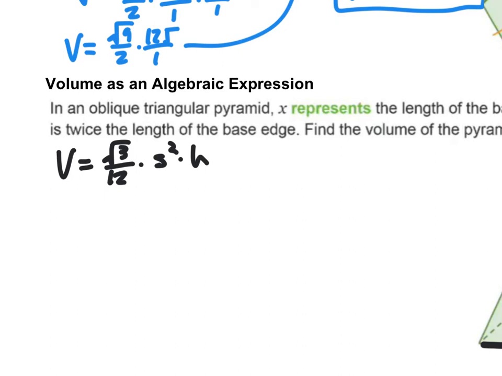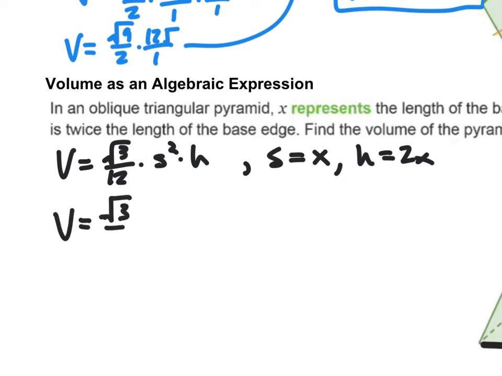Now if s is equal to x, and h is equal to 2x, I'm just going to plug those values in. So my volume is equal to the square root of 3 over 12 times s, which is x squared, times h, which is 2 times x.